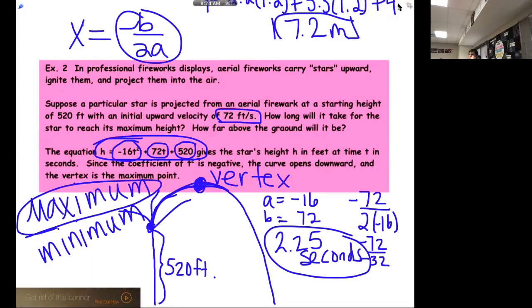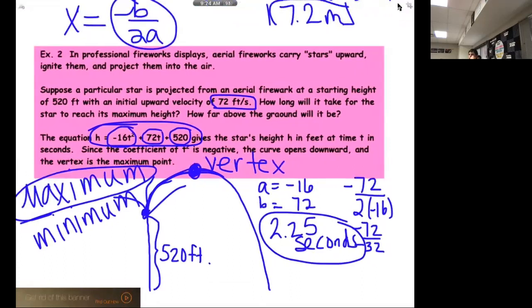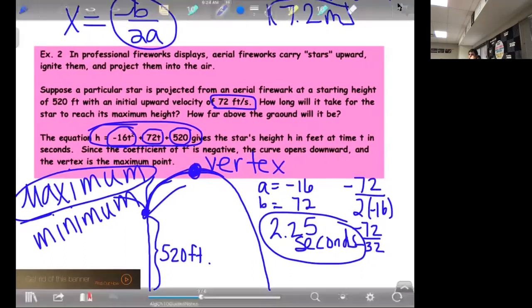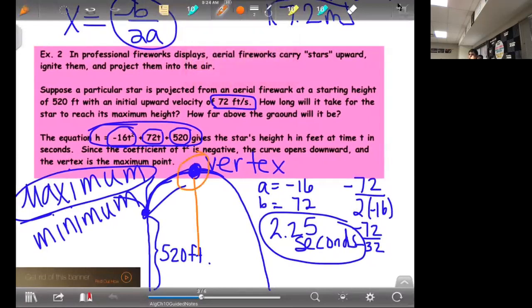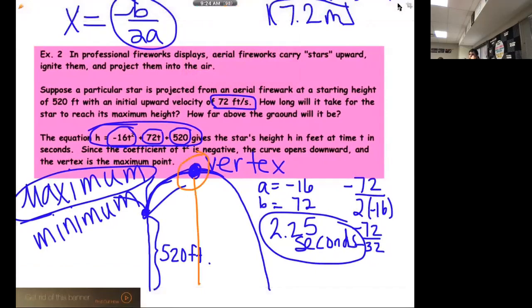But the real question is, how high does it get? What is this point right here? How high is that? What do I do, Maddie? I believe that gets you up to 601.